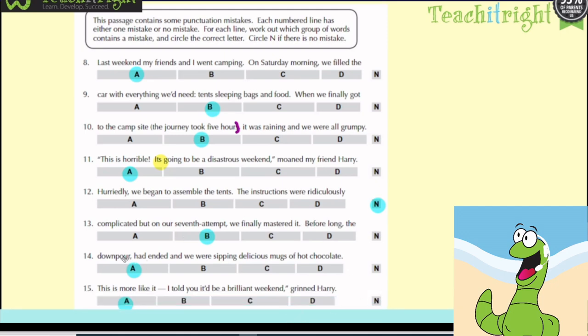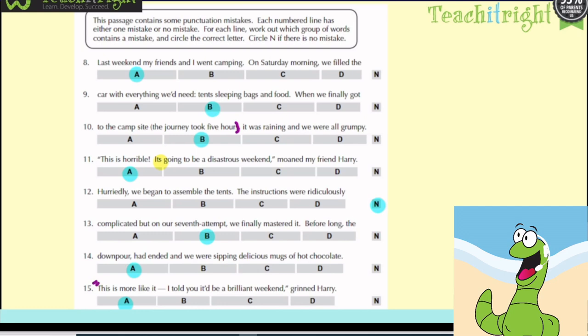No need for a comma after downpour. This is more like it. I told you it would be a brilliant weekend, grinned Harry. And if you notice, looking very closely, we are missing the inverted commas or speech marks at the beginning of that sentence.